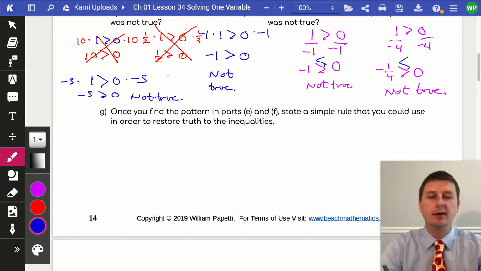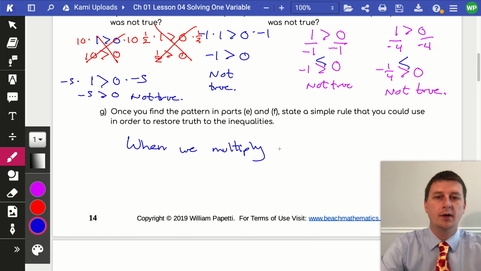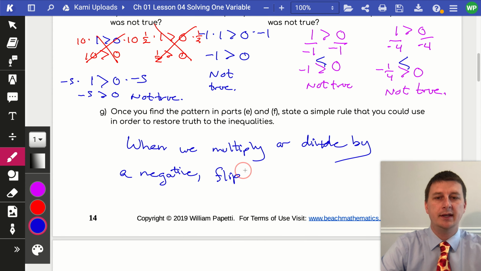So a general rule that we could use is that we could flip the inequality when we multiply or divide by a negative number.